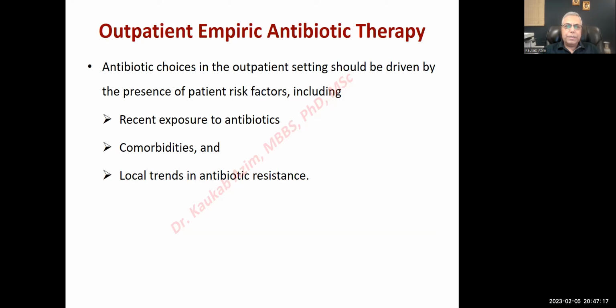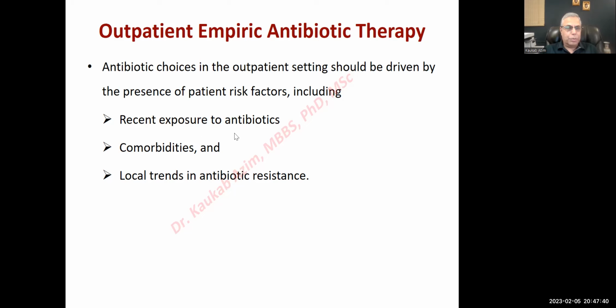Right, so outpatient empiric antibiotic therapy: antibiotic choices in the outpatient setting should be driven by the presence of patient risk factors, right? So we have got the pneumonia severity index, we have got CURB-65, we have got the lab tests, and we have got the patient risk factors. For example, recent exposure.